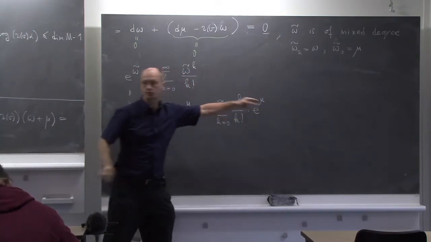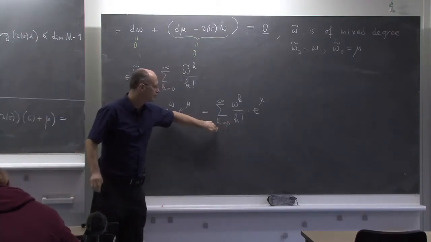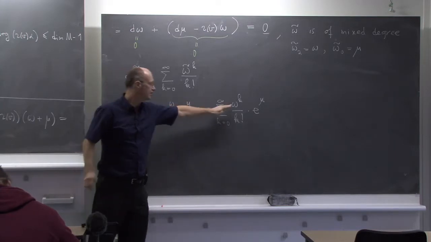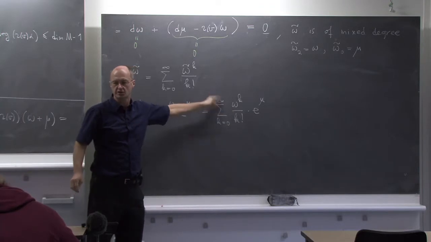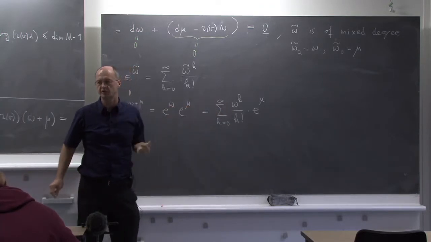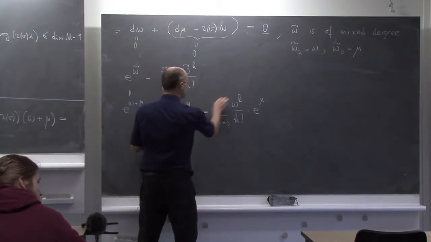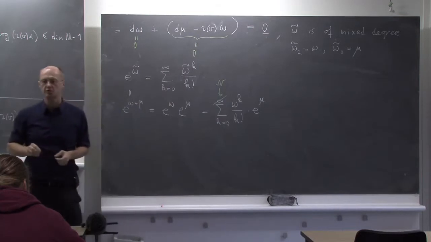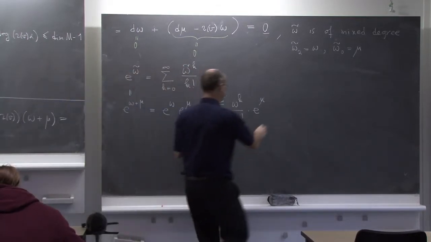So e to the power mu is just a function. But this power series, now we know that it will stop somewhere, right? Because these are degrees of our form omega, and the degree of a form cannot be bigger than the dimension of M, right? So in fact here it's not an infinite sum. It's a finite sum which runs up to n.